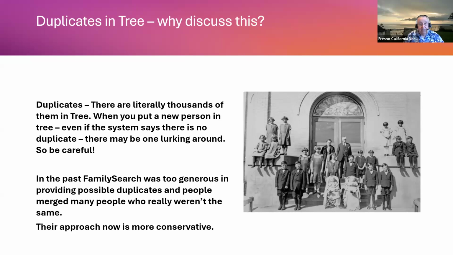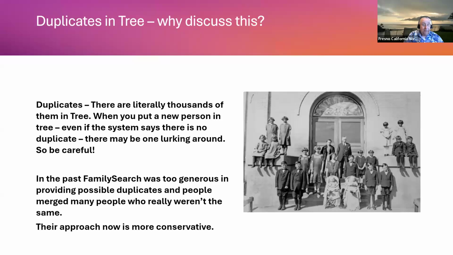But the problem was if they suggested a bad pair, people would go ahead and do it because, well, FamilySearch suggested it. So FamilySearch backed out and said, we're only going to suggest things that we really think are duplicates. And so they pass over a lot of duplicates that are out there already.